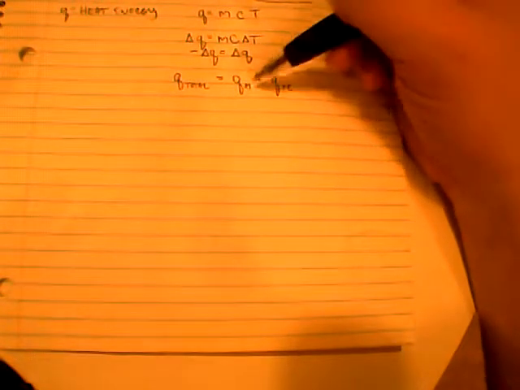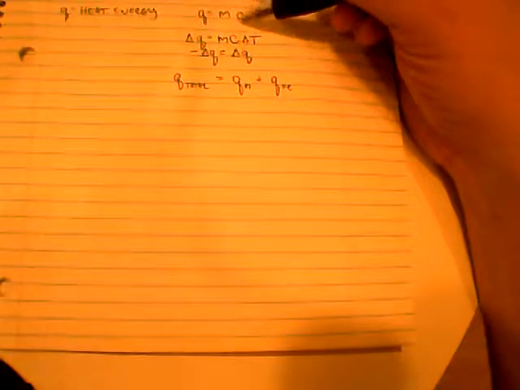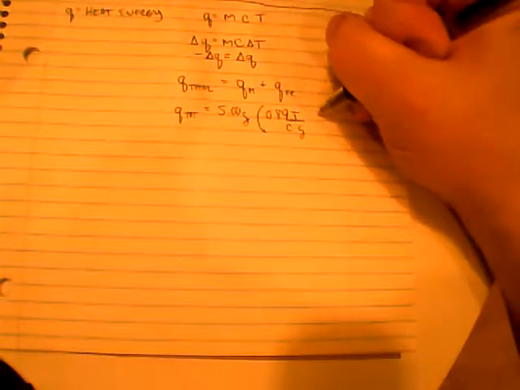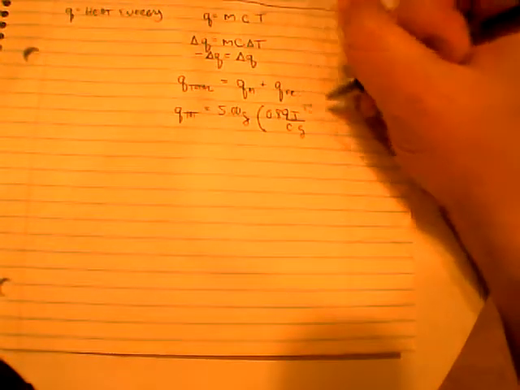If the total energy is this, and we know that the energy is mass times the specific heat capacity times the temperature, then the total energy, Q tot, is going to be the mass of the aluminum, 5 grams, times the specific heat capacity, 0.89 joules per Celsius gram, times the temperature.